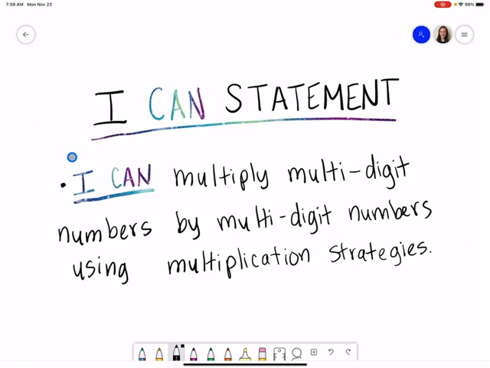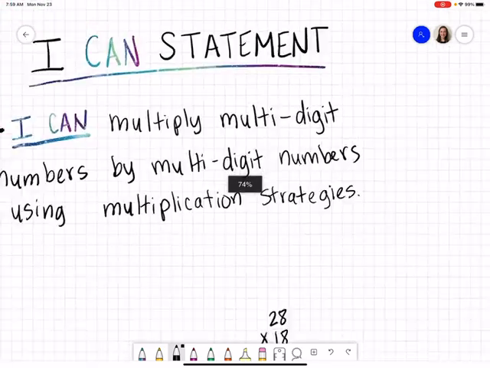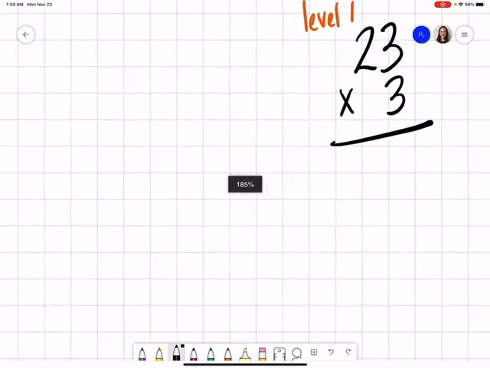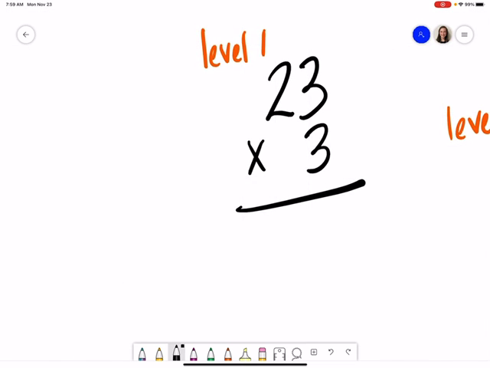So today's I can statement is I can multiply multi-digit numbers by multi-digit numbers using multiplication strategies. Okay, so we already know how to multiply one-digit numbers. So we're going to go ahead and look at this one.